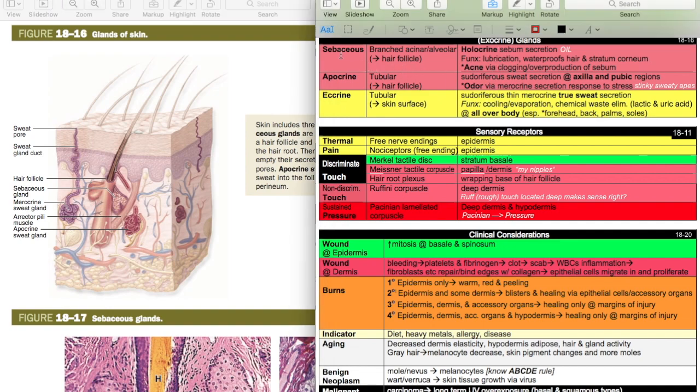Sebaceous glands produce an oil secretion. Technically it's a holocrine sebum secretion. Basically it's just an oily, gooey stuff. Holocrine means whole. When you see holocrine, think the whole cell.